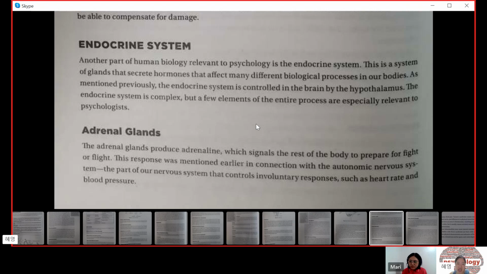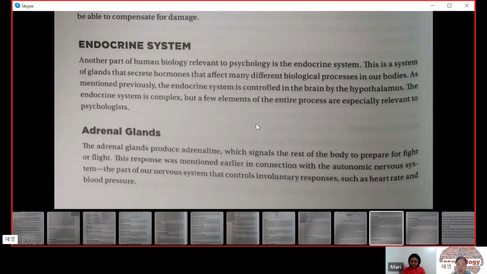And let's look at the adrenal glands. They produce adrenaline, which signals the rest of our body to prepare for fight or flight.